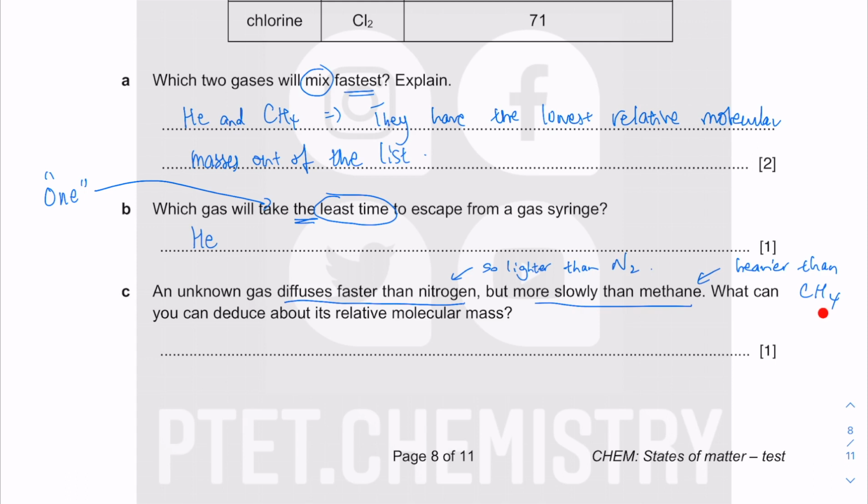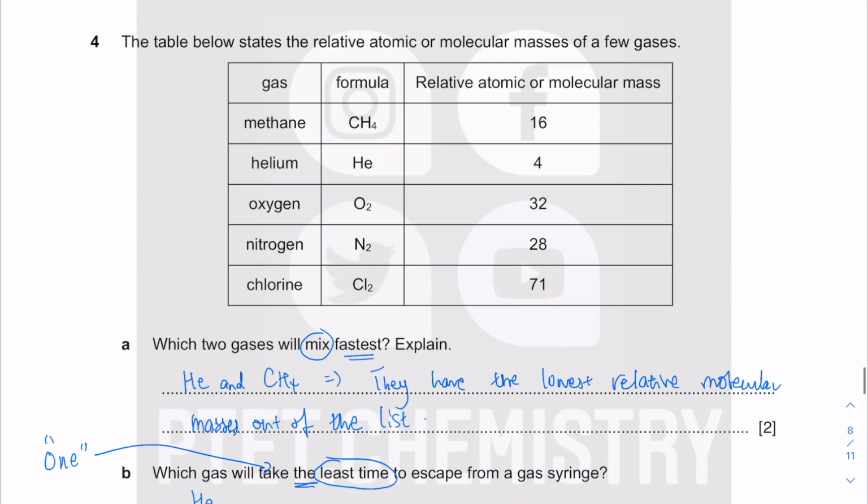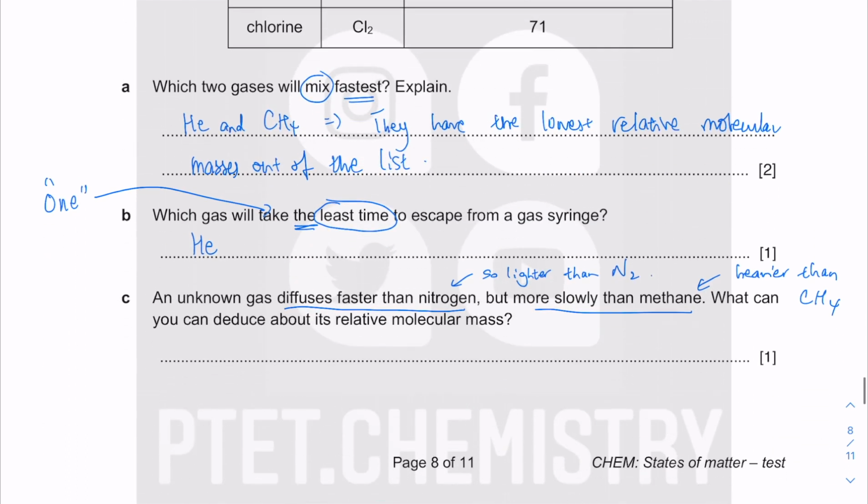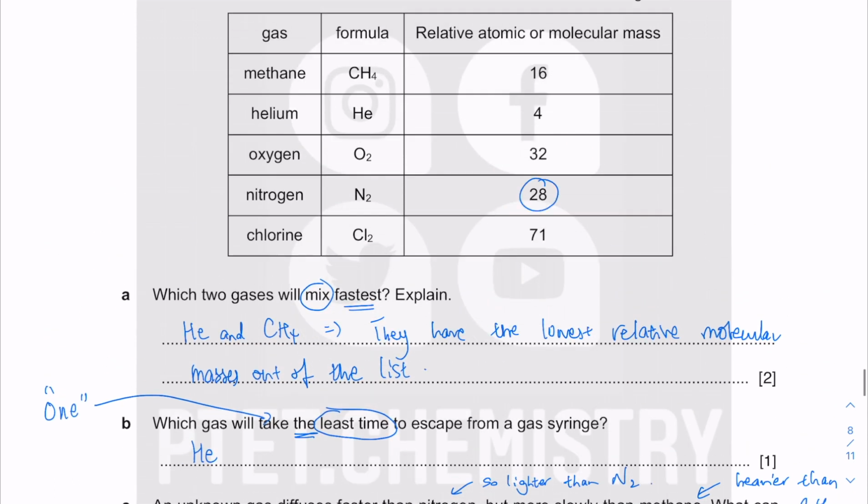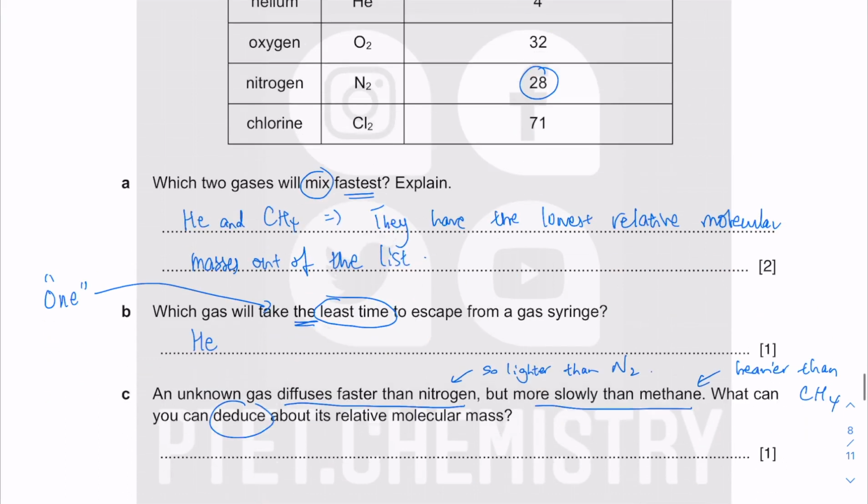Where do I get the formula from? Well, you're given the table for a reason. So what can you deduce? N2, the molecular mass is 28, and 16 is the molecular mass for methane.